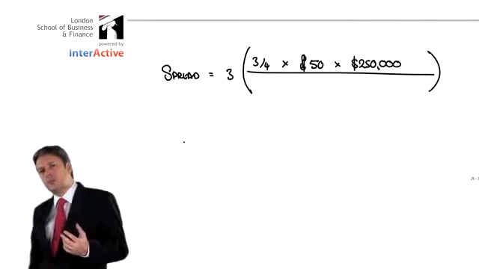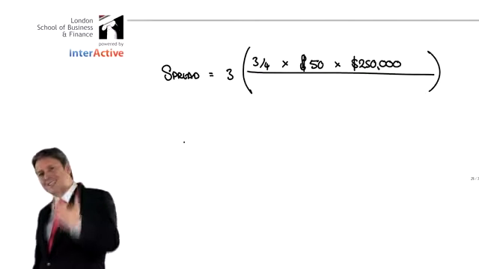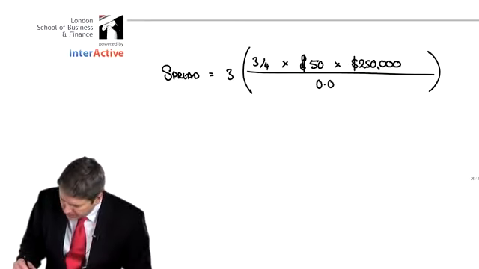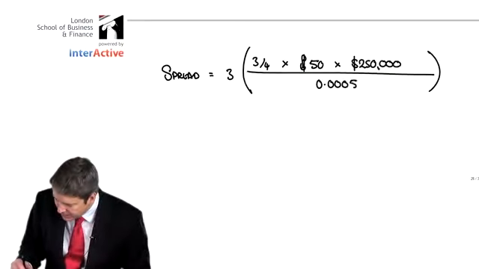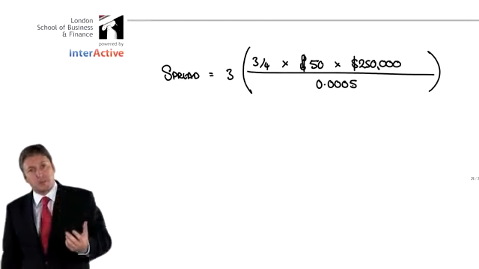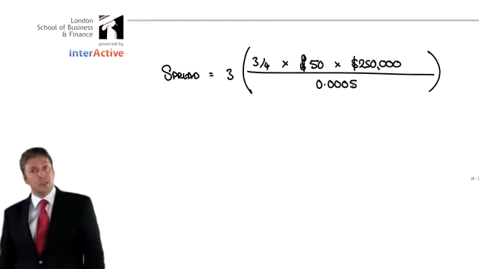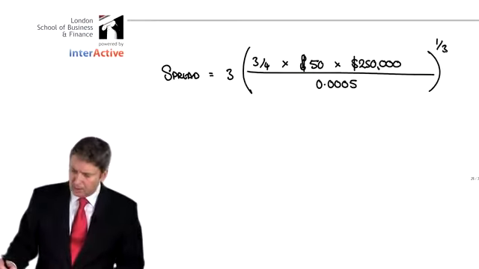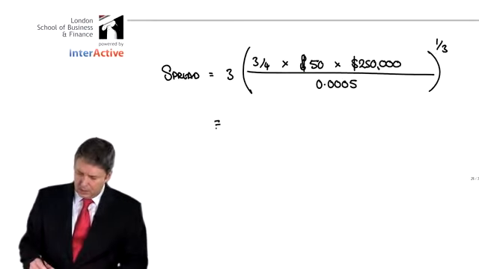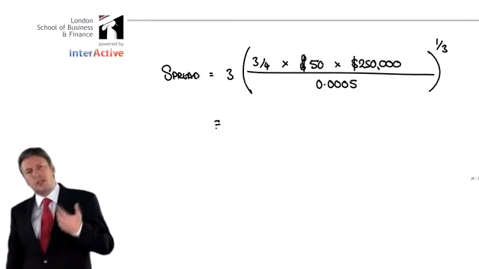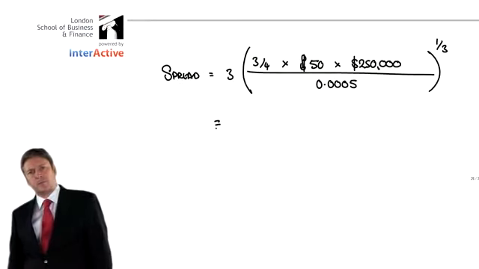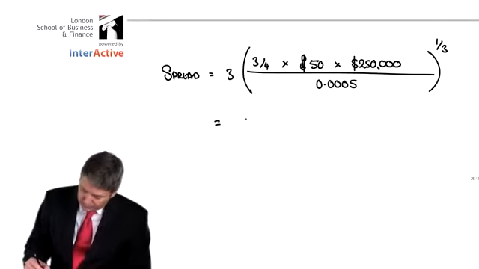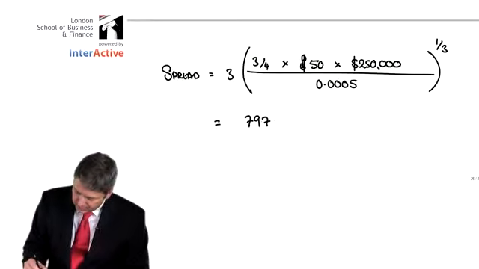Divided through by the interest rate. Now, we said it was 0.05%. Now, think about it. 0.05% is the same as 0.0005, because a percentage is something over 100. Yes? You take that to the power 1/3. So, slot that into your calculator and see what you come up with. My calculation is that we end up with a spread of 7,970.